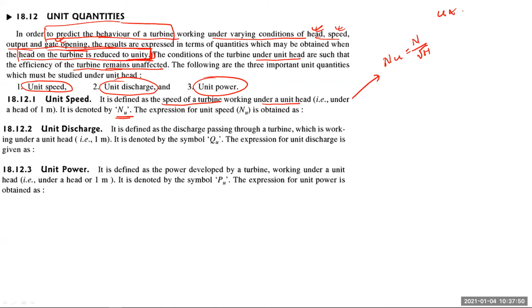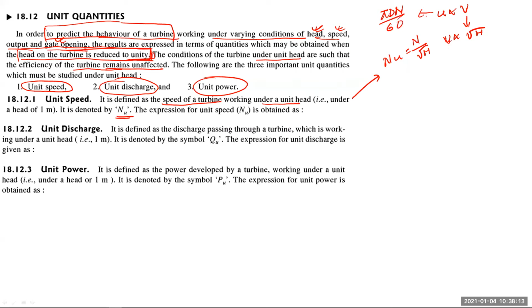We know that U is directly proportional to V, and we also know that V is directly proportional to root under H, because V equals root under 2gH. So V is directly proportional to root under H, and we know that U is nothing but pi DN by 60.